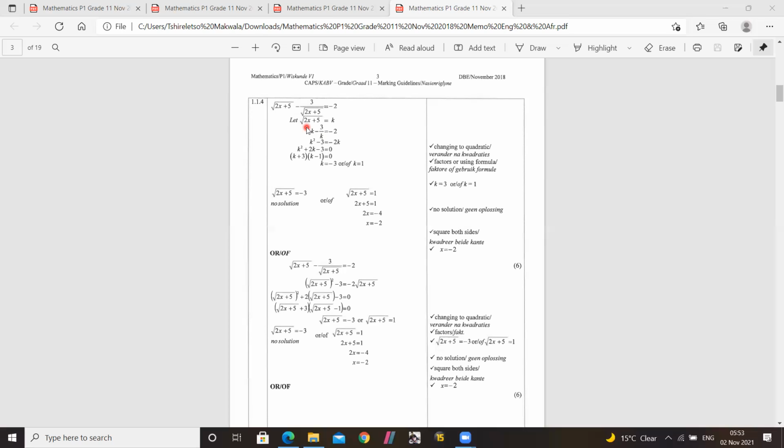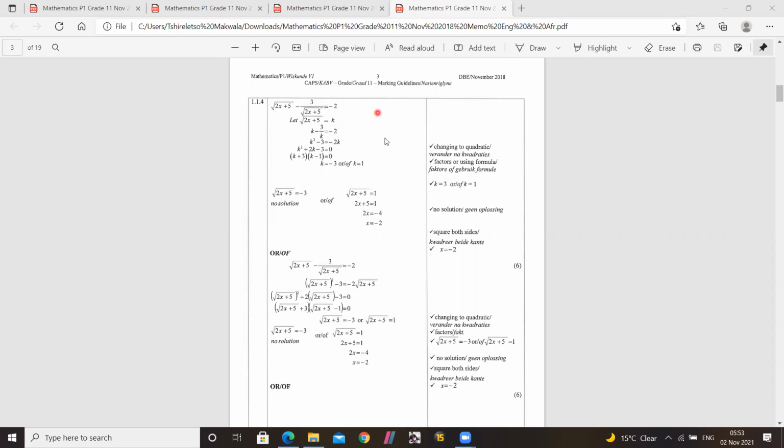The second let type of question is when that term can be doubled, like square root of 2x plus 5.